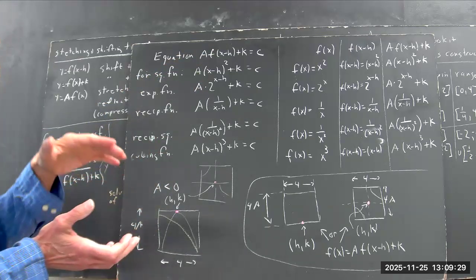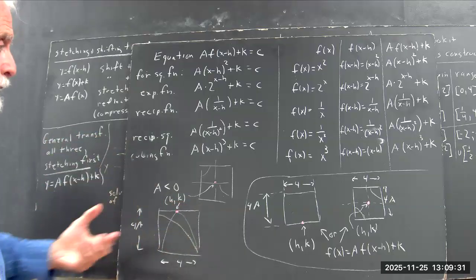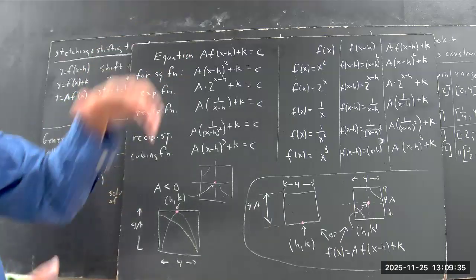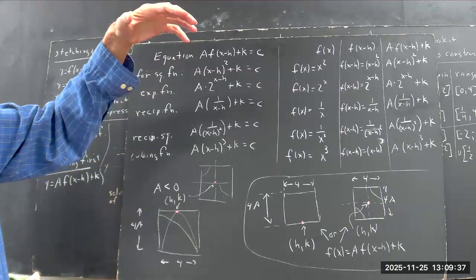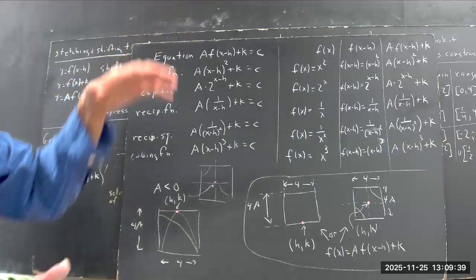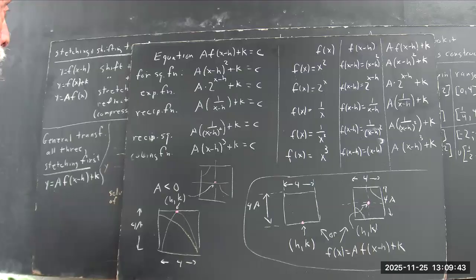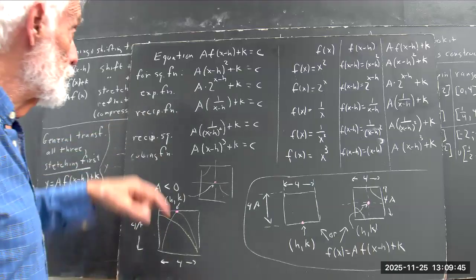We stretch it from a height of 4 on the toolkit graph to a height of 4 times a. It gets a times as big. Or if a is less than 1, it gets squashed down. All right. So those are the equations.